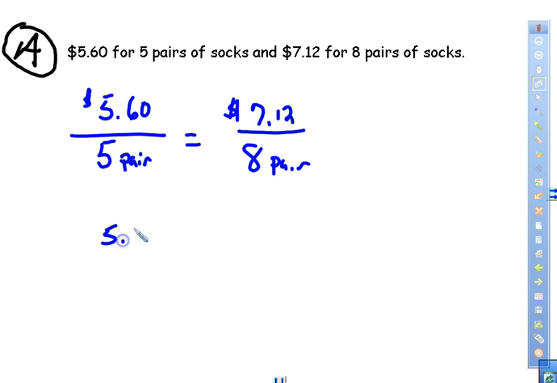So $5.60 times 8 equals $7.12 times 5. And when you do that, and yes, you can use a calculator, certainly feel free to do that. $5.60 times 8 would equal $44.80.